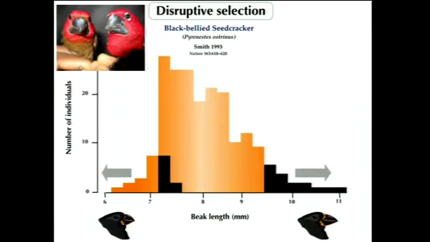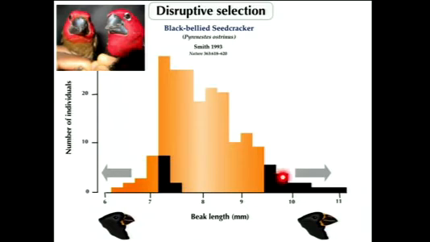Disruptive selection, the one that leads to bimodality, is in evidence in a great case in West Africa from this bird, the seed cracker, which during the dry season, when resources are hard to find, birds with relatively small beaks are favored, as are birds with relatively large beaks, because they're able to exploit a different set of resources more successfully than the birds of intermediate beak size.